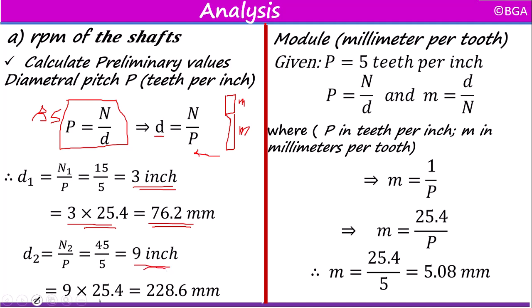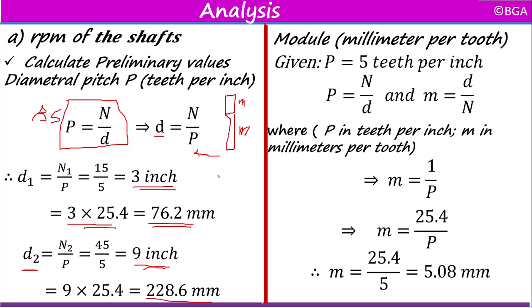Converting to millimeter, you multiply 9 by 25.4 and end up with 228.6 millimeter. So this is the diameter for the second gear, and this is for the first stage. Gear 1 and gear 2 constitute the first stage, and gear 3 and gear 4 constitute the second stage.